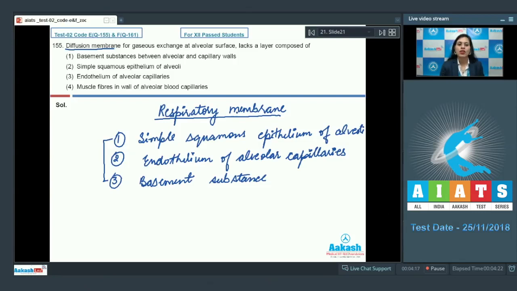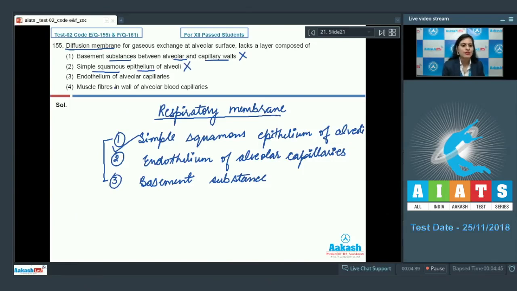Now, among the given options, the very first option given is basement substance between alveolar and capillary wall. Yes, the diffusion membrane consists of this basement substance, so this cannot be a correct answer. Second option given is simple squamous epithelium of alveoli, as respiratory membrane consists this simple squamous epithelium of alveoli, so this cannot be a correct answer.